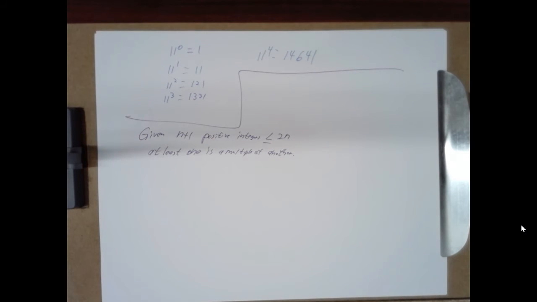So pick any number n, and pick n plus 1 positive integers less than or equal to twice n. And the claim is at least one of the numbers you pick is a multiple of another number you picked.